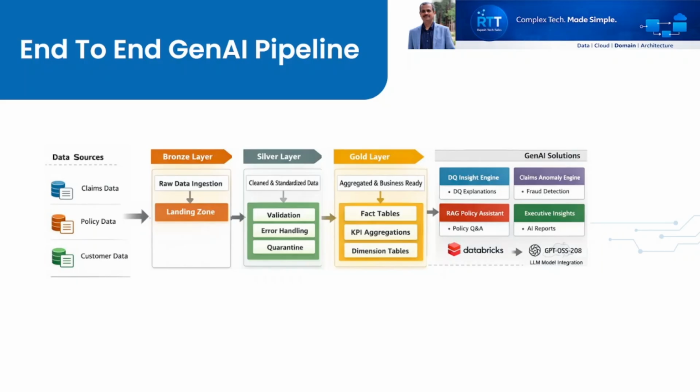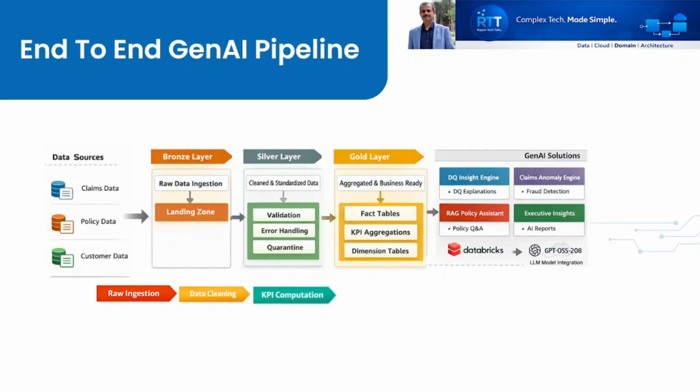Now if we look at the flow of the data, data is coming from the data source and there is raw ingestion happening, which is responsible for filling the data in the bronze layer. Afterwards, there is data cleaning happening in the silver layer, and the silver layer is populated with the clean data.